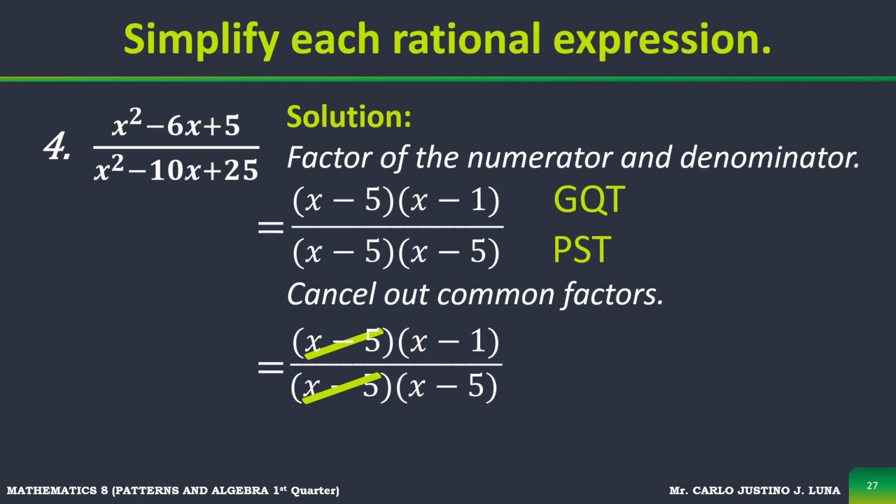Okay? So, tatanggalin mo yung isang x minus 5 and isa pang x minus 5. Meron pa ba? Okay, no more. So, what's now the answer? The answer is, okay, x minus 1 all over x minus 5. Okay? Understood?